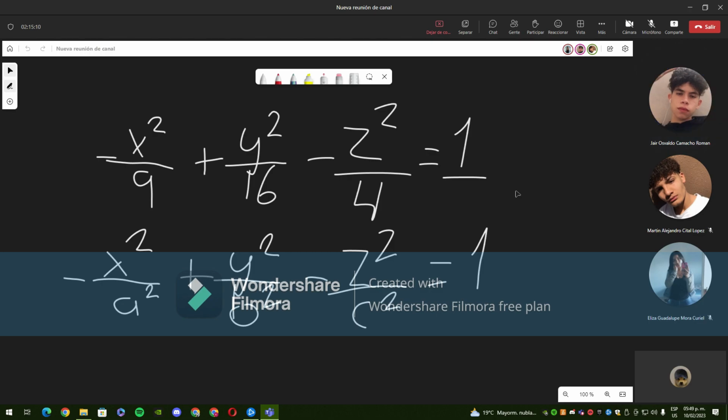The general formula indicates that only one variable is positive when we talk about the two-leaf hyperboloid.